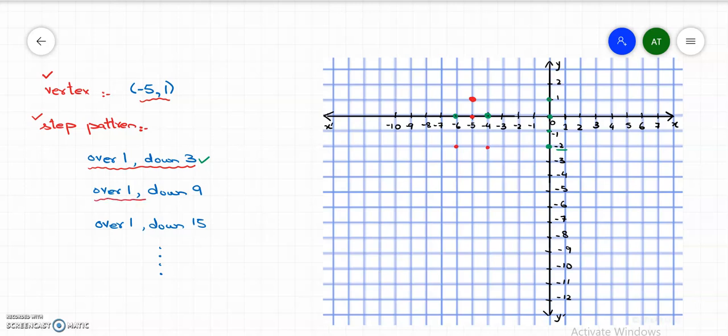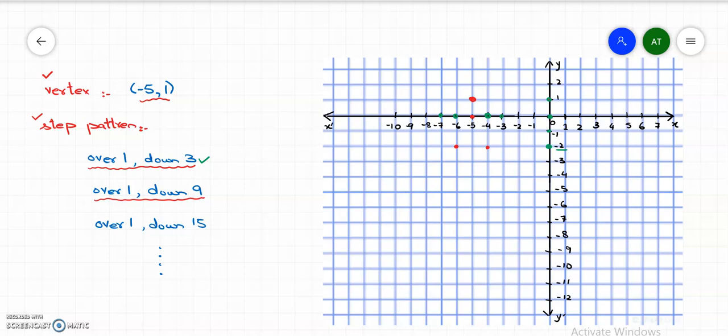In the second step pattern, we have over 1 and down 9. For over 1, we are at x equals -4. When we move 1 unit to the right, it would be -3, and when we move 1 unit to the left, it would be -7. And we need to move down 9 units. Now we are at y equals -2.